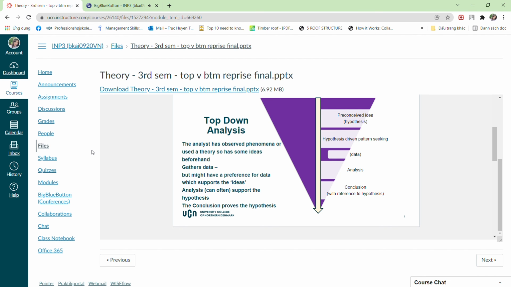And you probably need to rely quite heavily on this PowerPoint. And what to do in your piece of work is described in the last slide.